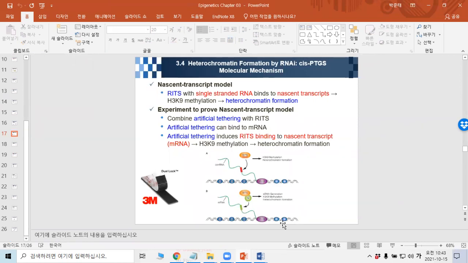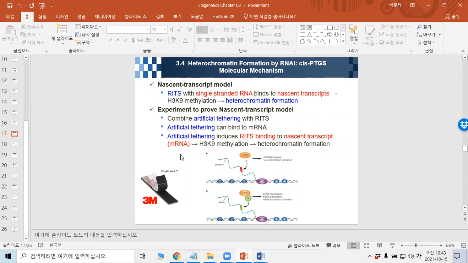In the nascent transcript model, RITS with single-stranded RNA binds to the nascent transcript. Nascent means newly synthesized. After the newly synthesized transcript, it will lead to maturation and heterochromatin formation.